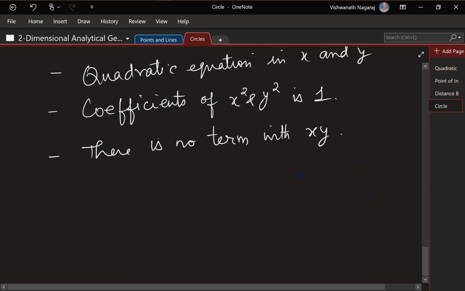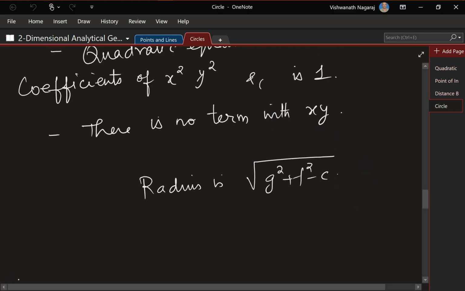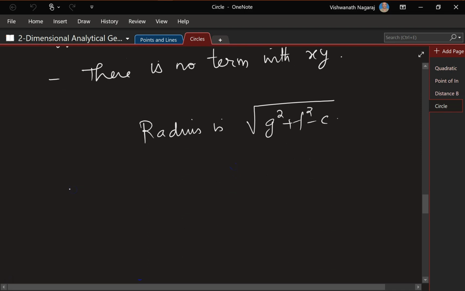Now, the radius is square root of g square plus f square minus c. There are three possibilities. One, if g square plus f square minus c is greater than 0, then we will get a real radius.